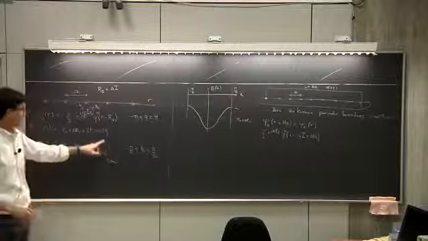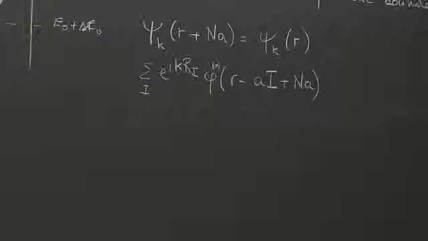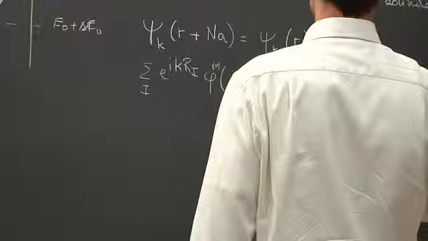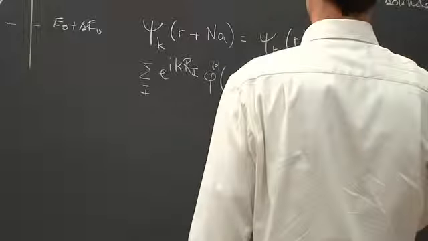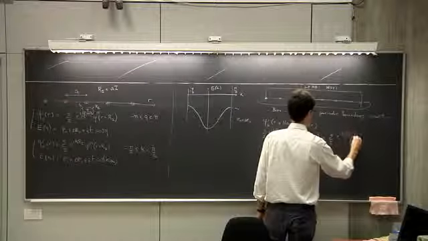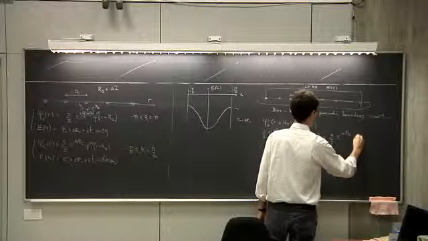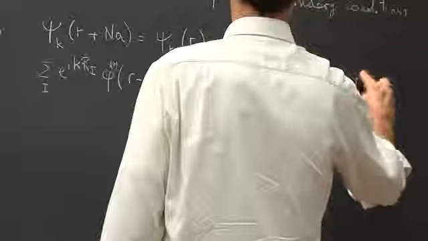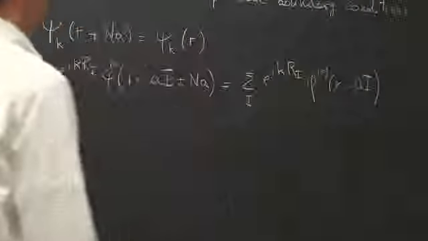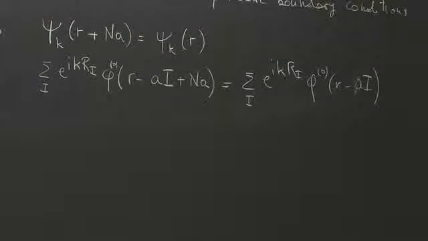I'm writing R_i as a_i plus Na. And this must be equal to the sum over i of e^{ik R_i} phi_0(r - a_i). I need to impose this. Let's see what we get if we impose this equality.